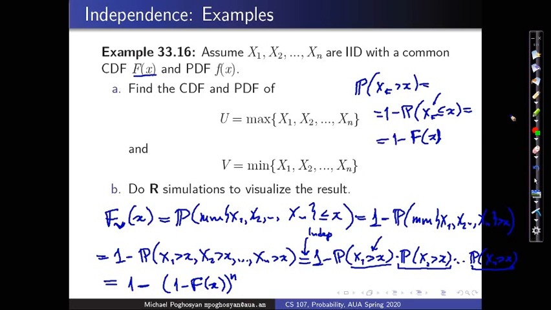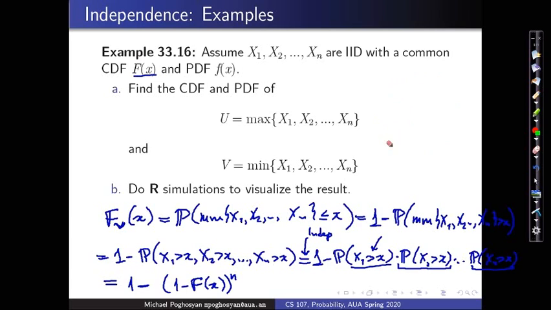Now to calculate the PDF, I need to calculate the derivative of that. So I am calculating that derivative. f_V, the PDF of V, is the derivative of the CDF. And this is equal to the derivative of this. So minus sign, the derivative of 1 is 0, of course.